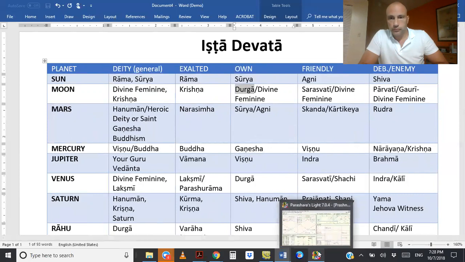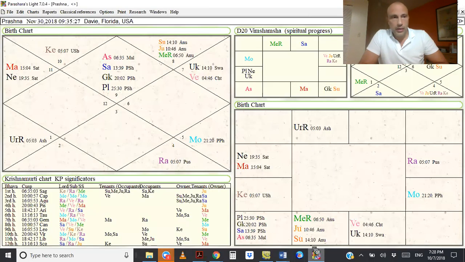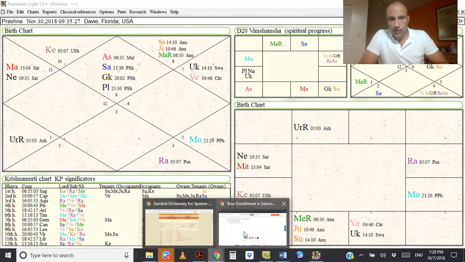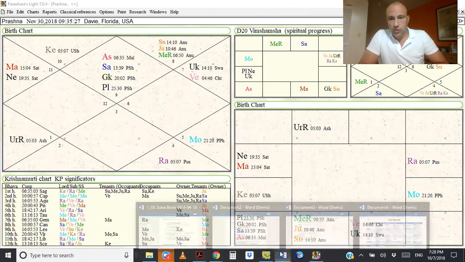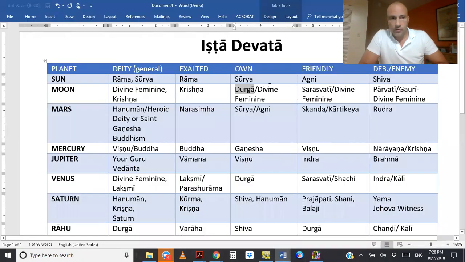And even the fact that Mars in this chart is in an enemy sign, we can narrow this down. Do you guys see this? So Mars in the D1 chart is in an enemy sign. So we can narrow this down, go across to Mars, and look at Rudra.